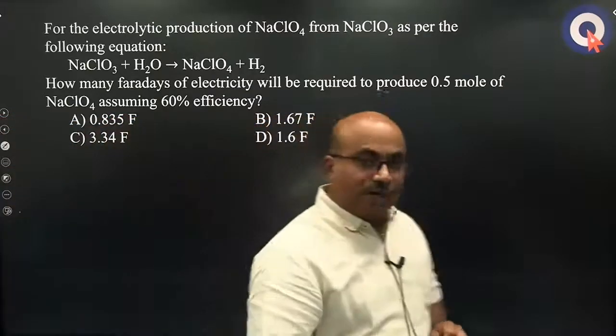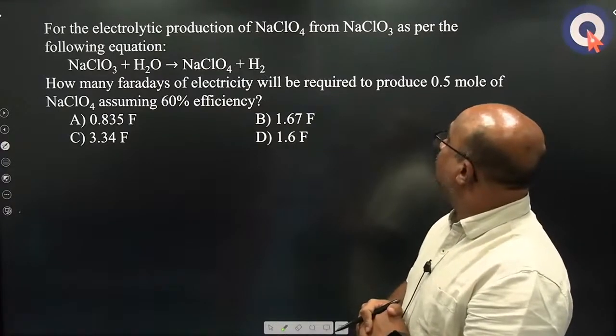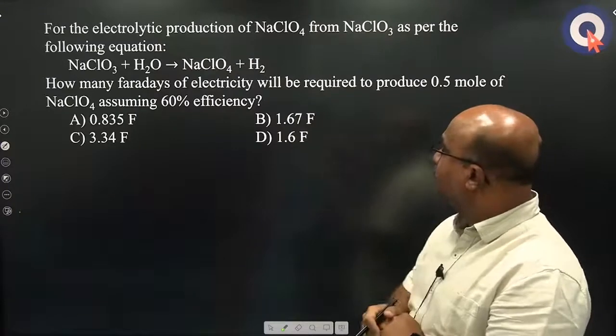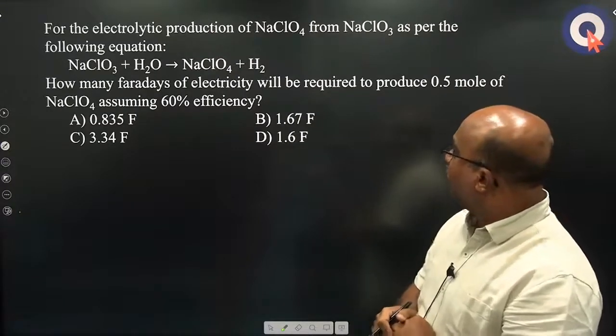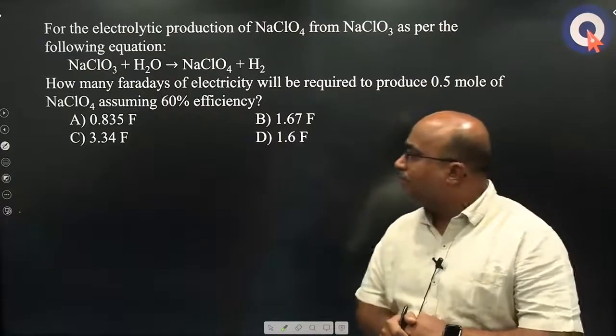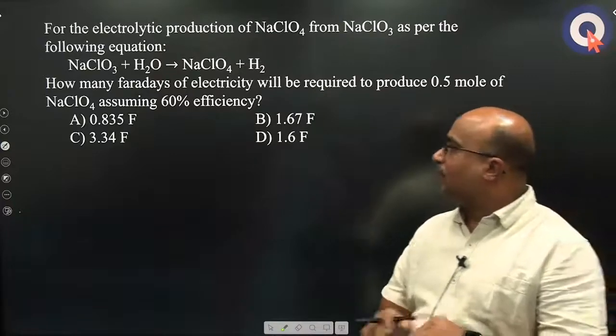For the electrolytic production of NaClO4 from NaClO3 as per the equation, how many Faradays of electricity are required to produce 0.5 moles of NaClO4, assuming there is 60% efficiency.